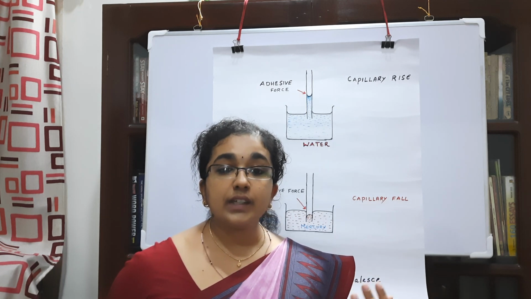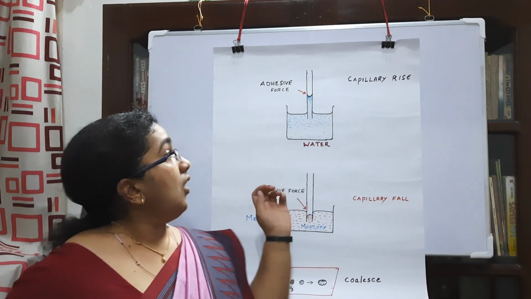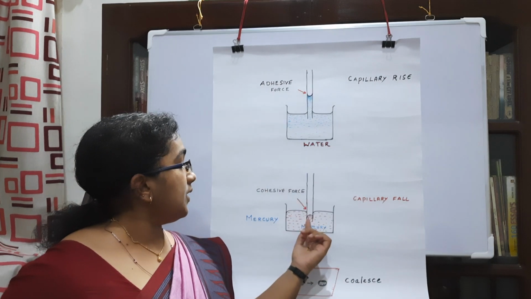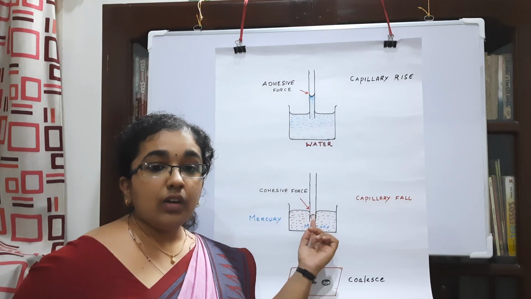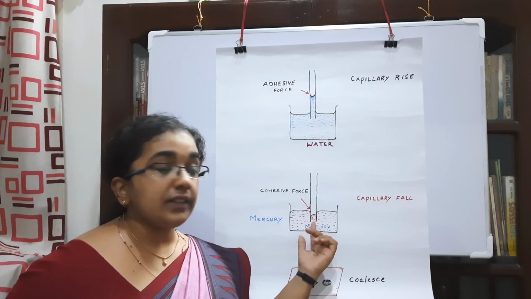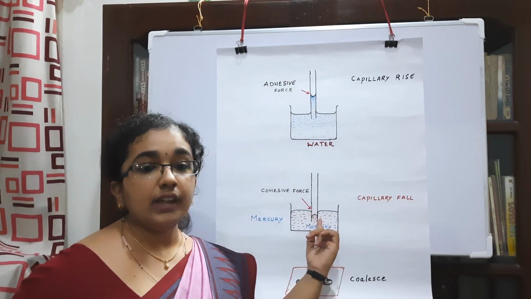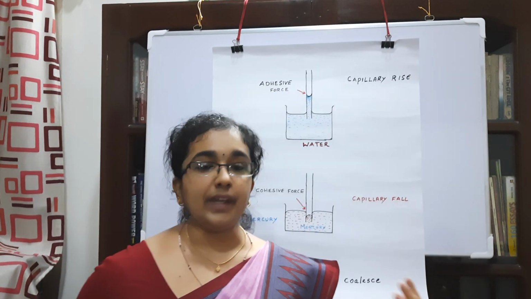The meniscus is shaped convex upward, and this results in the depression of the meniscus.